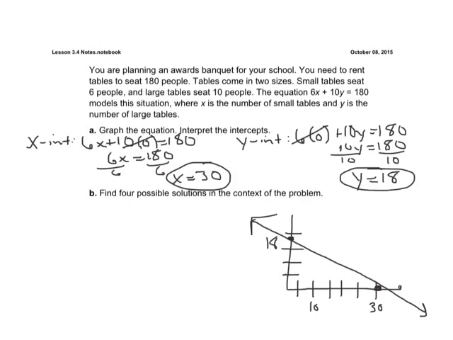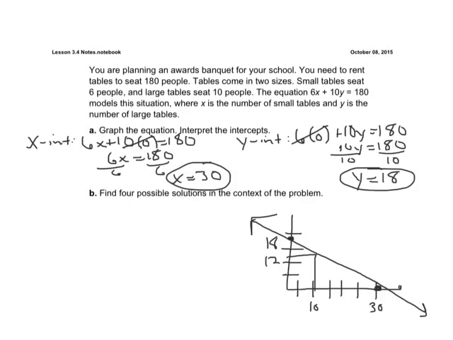Okay, and let's trace it up to our line and over. Okay, let's say that's about 12. Let's say that's 12 on the y-axis. Remember, y is large tables. So if we have 10 small tables and 12 large tables, that should seat 180 people.